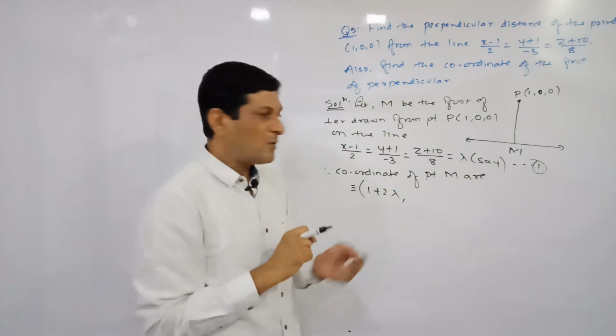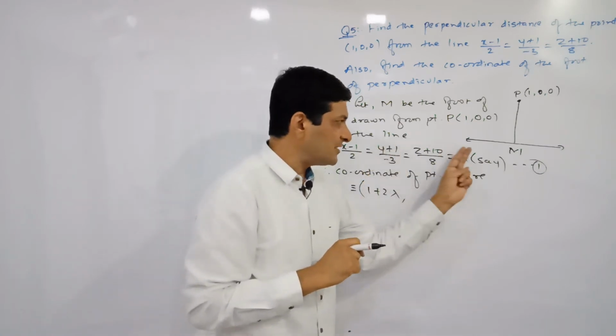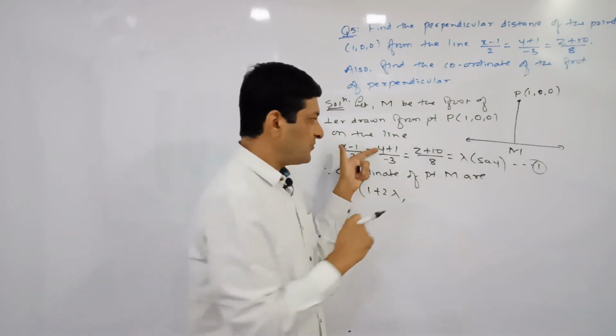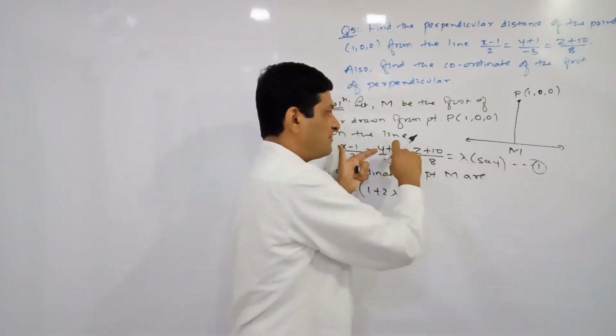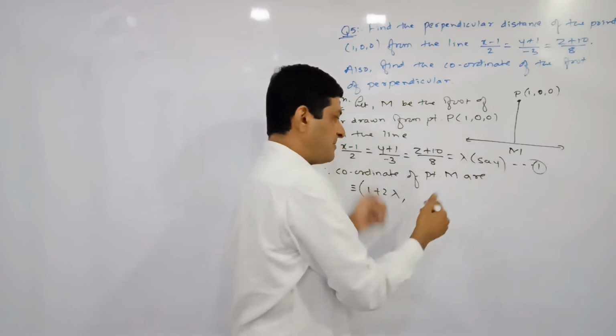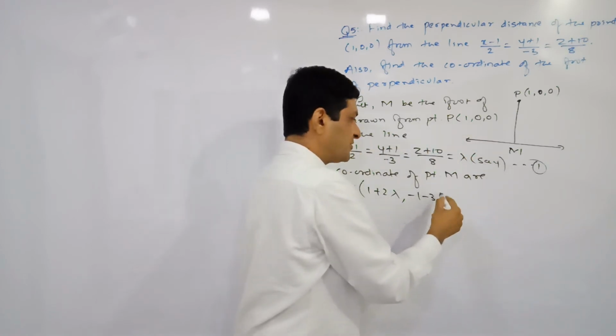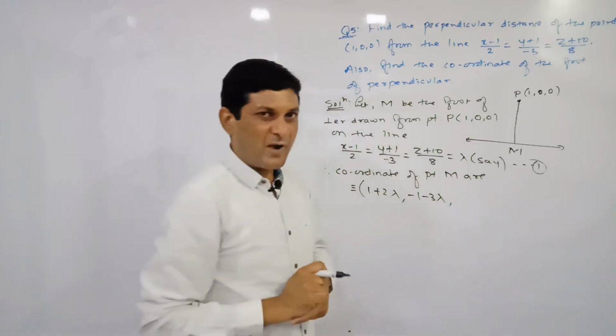To find the y coordinate, consider that these two terms are equal. Minus 3 will get multiplied on this side, minus 3 lambda, and plus 1 on this side will become minus 1, so minus 1 minus 3 lambda will be the value of the y coordinate.